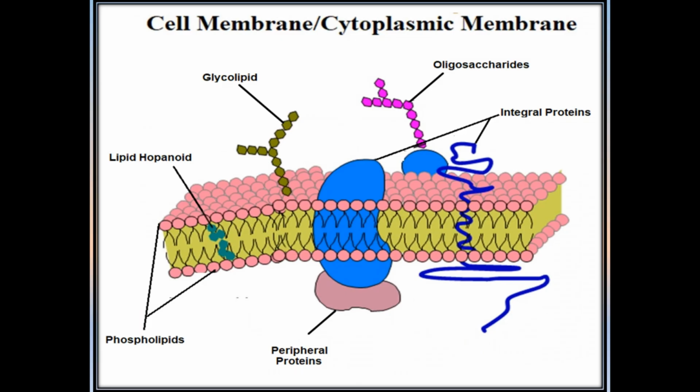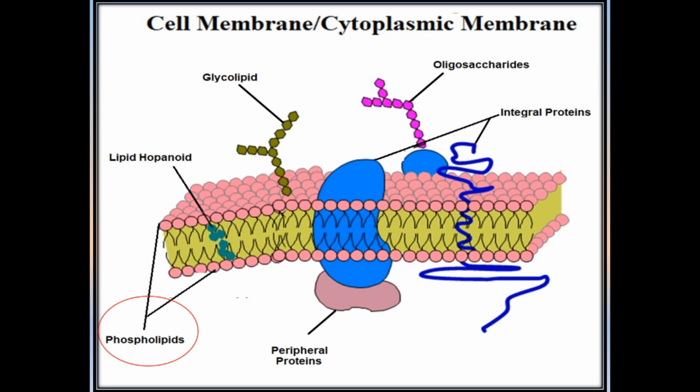If we look at the structure of the cell membrane, you can see here the phospholipids. Two layers of phospholipids means a phospholipid bilayer. One layer is upside and another layer is downside.